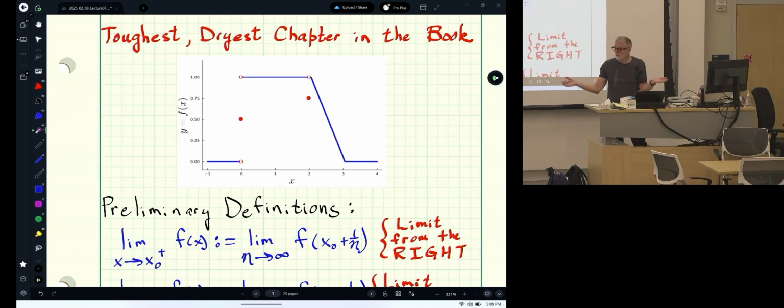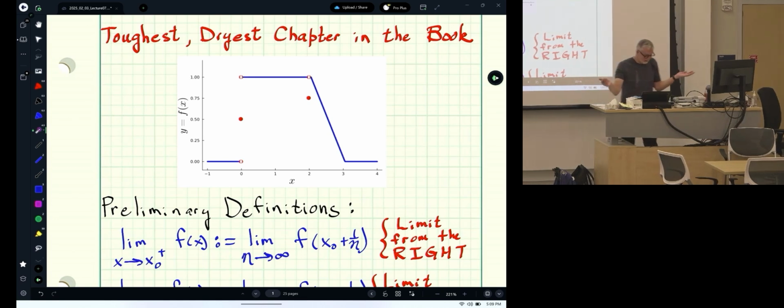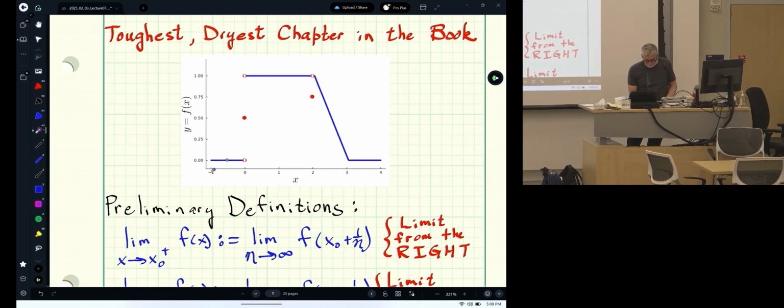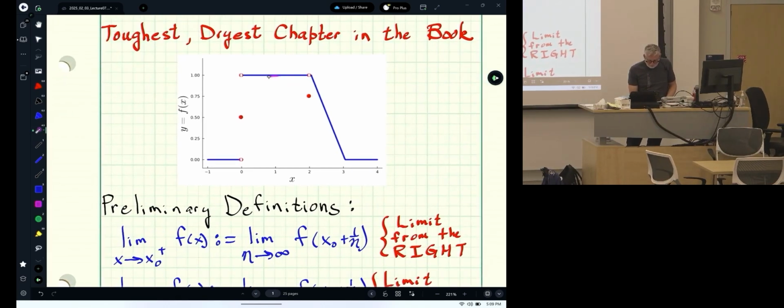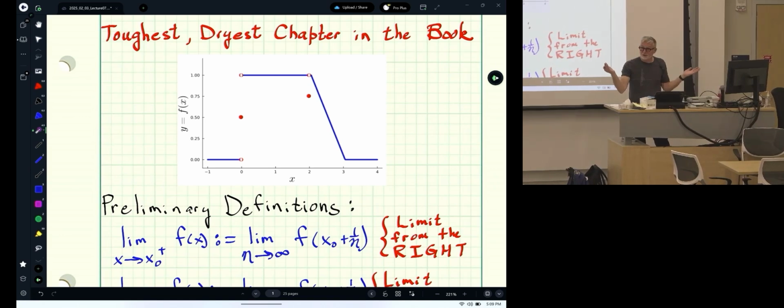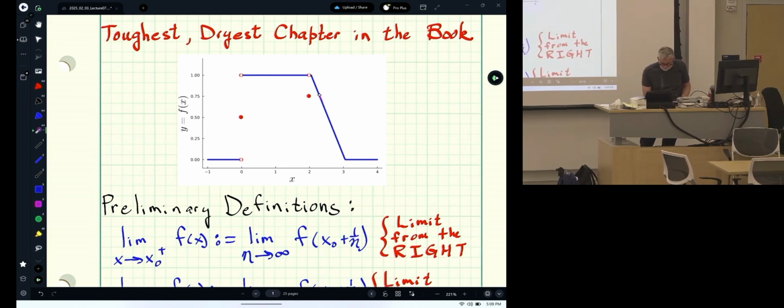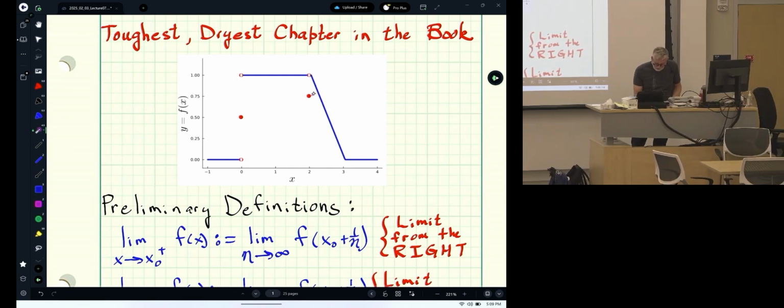What makes them problematic? That's all we want to understand. The limit from the left is not equal to the limit from the right, so there's a gap. That's called a jump. The function is discontinuous. Here, the limit from the left equals the limit from the right, but it's not equal to the value of the function. That's a problem. It's not continuous there. And those are the only problems.